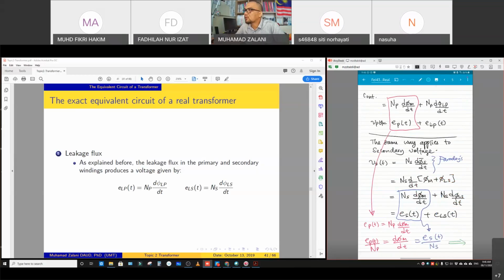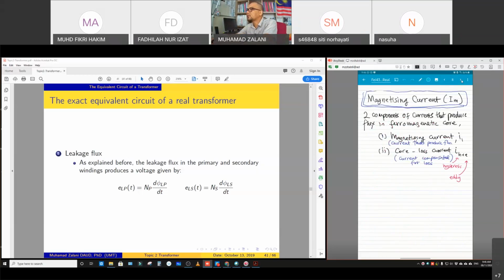This equation, EP equals NP d phi m over dt, is the mutual inductance, but now we are talking about loss. So we consider the second part of the equation, ELP equals NP d phi LP over dt. This is the leakage flux for the primary part of the transformer.